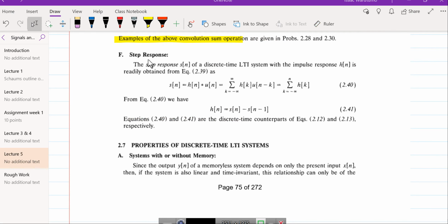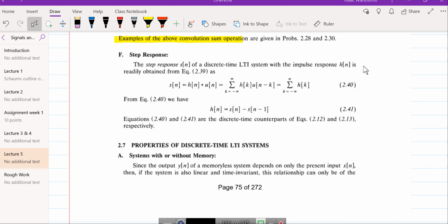Just like we did with continuous time LTI systems, the step response can be used to characterize a discrete time LTI system. We normally know that the step response is the response of an LTI system when a unit step signal is applied at the input.